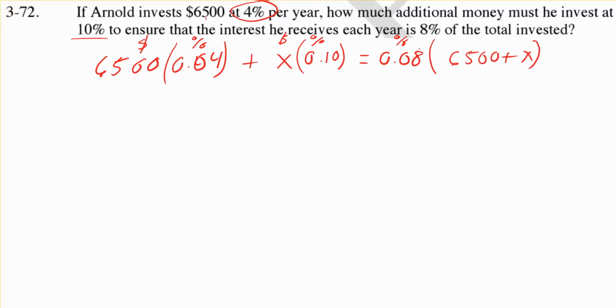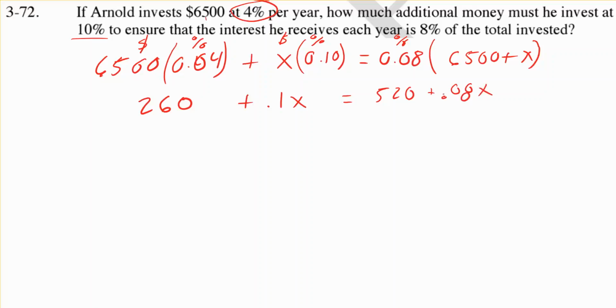And I think our work here, once we have the equation set up, is actually quite basic. We've got 0.04 times 6,500 is 260 plus 0.1x equals, let's go, 0.08 times 6,500, that's 520 plus 0.08x.